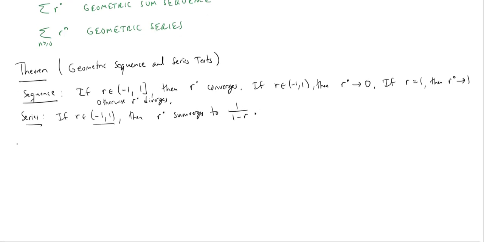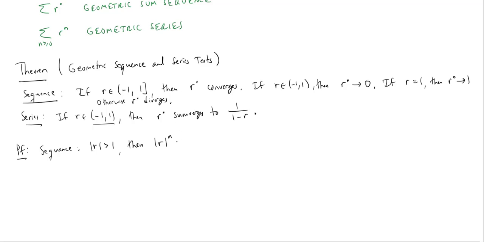Okay, so we can give a proof of this. So we already know, let's see, let's check the sequence stuff first, right? So if I have an r whose absolute value is greater than 1, then when I take powers of that, I'm going to get, say, absolute value of r to the n.